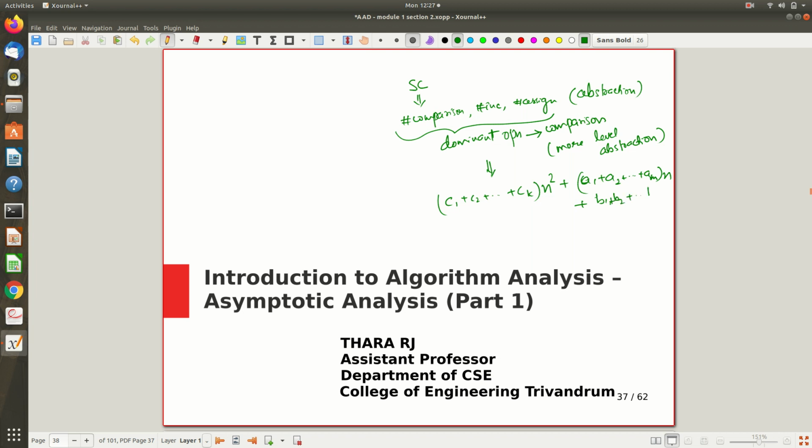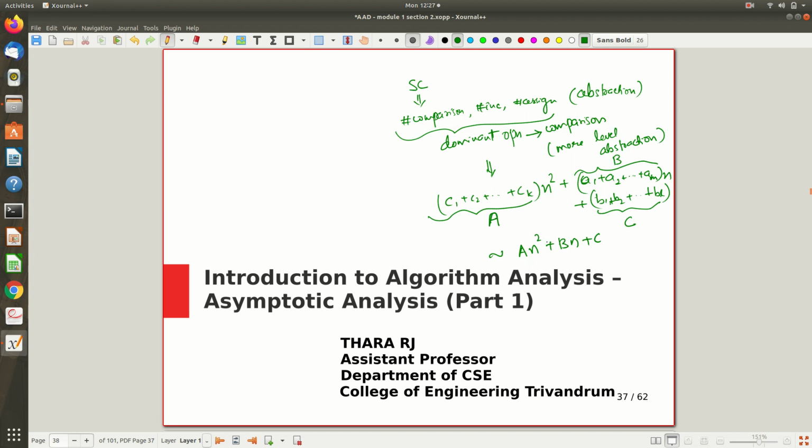Hope you remember. Then what we did is express all these constants using a single constant, say capital A, and here another constant, and so on. Then you write the same step count analysis as a n square plus b n plus c. This is what we saw so far.